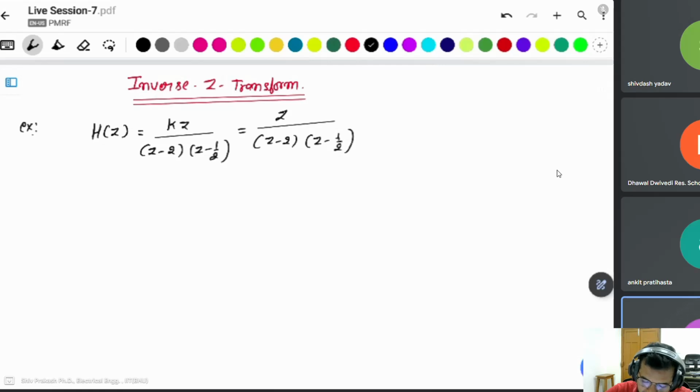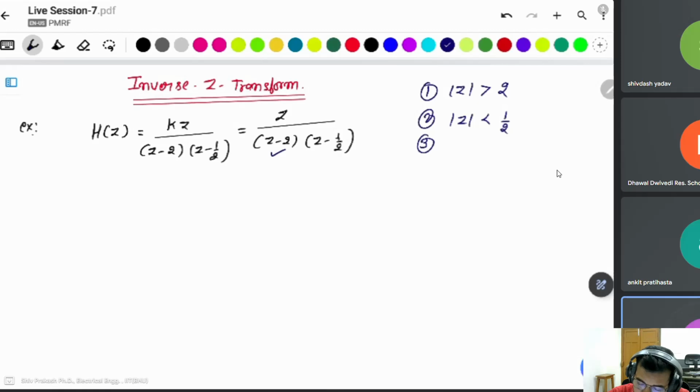In this system, there are three possible ROC. First one is the right sided ROC, like mod z should be greater than 2. You can include this one. Second, if your ROC is taken as less than half, which is the lowest value, mod z should be less than 1 by 2.